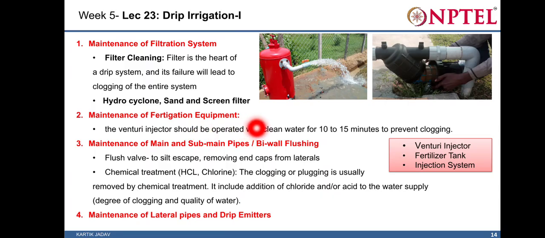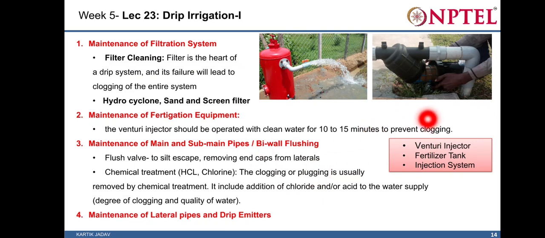Then maintenance of fertigation equipment. The venturi injector should be operated with clean water for 10 to 15 minutes to prevent clogging. Then maintenance of main and sub-main lines. For that we need to operate the flush valve to release the sediment and remove caps from laterals. Then chemical treatment of mains and sub-main lines, with the use of hydrochloric acid or chlorine, so clogging and plugging is usually removed by this kind of chemical treatment.